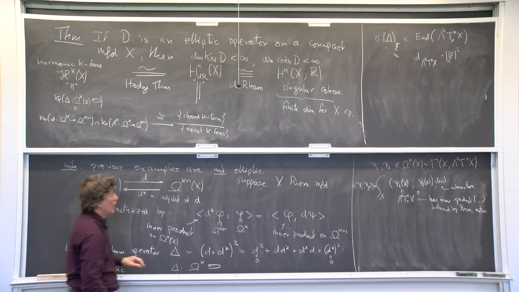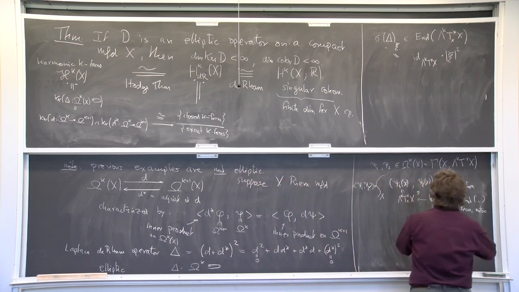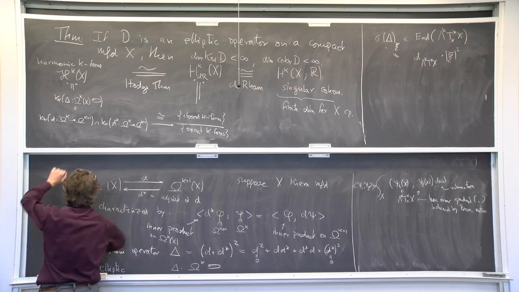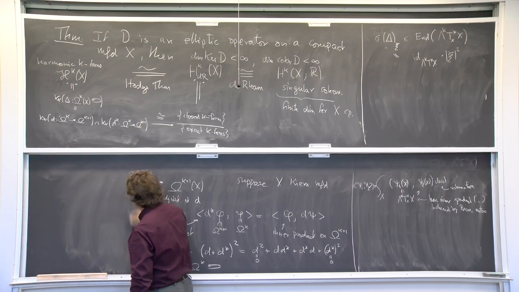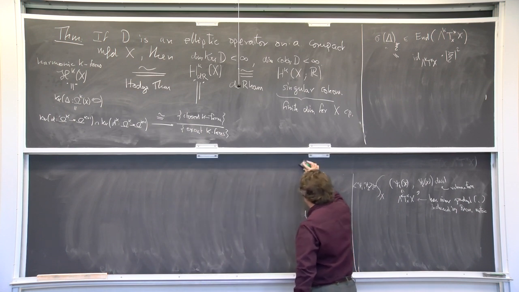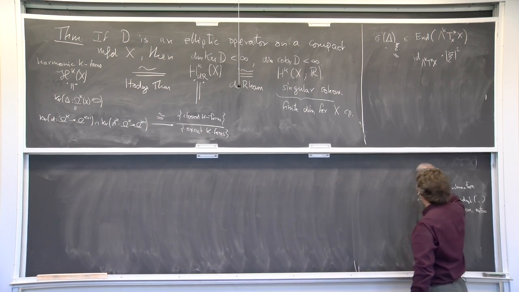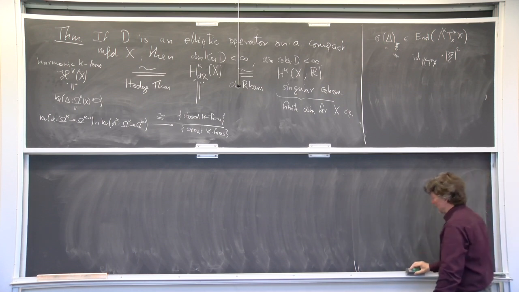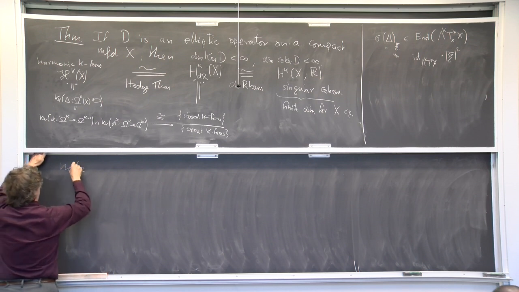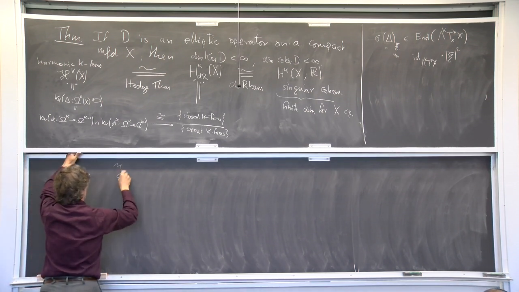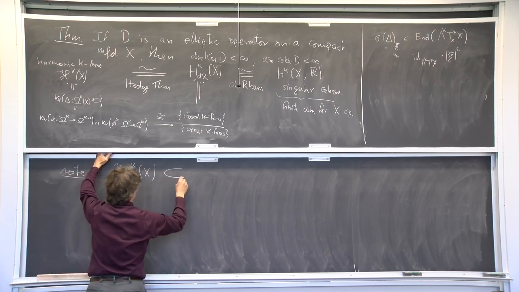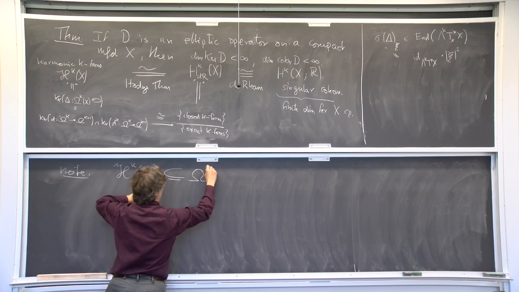Okay. Now, let me note that the vector space of harmonic K-forms is a subspace of all differential K-forms.